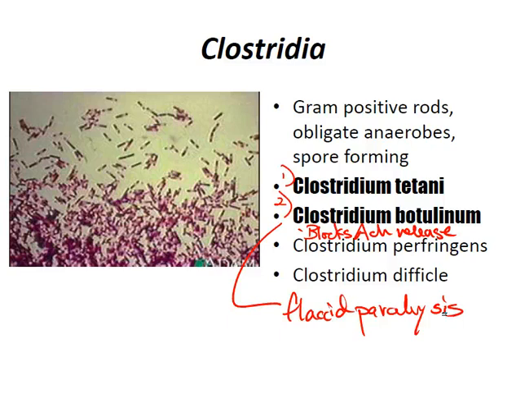Now the treatment for this guy is immunoglobulin, or antibodies that bind to the toxin that is not yet bound to the nerve endings. Key there, not yet bound to the nerve endings.